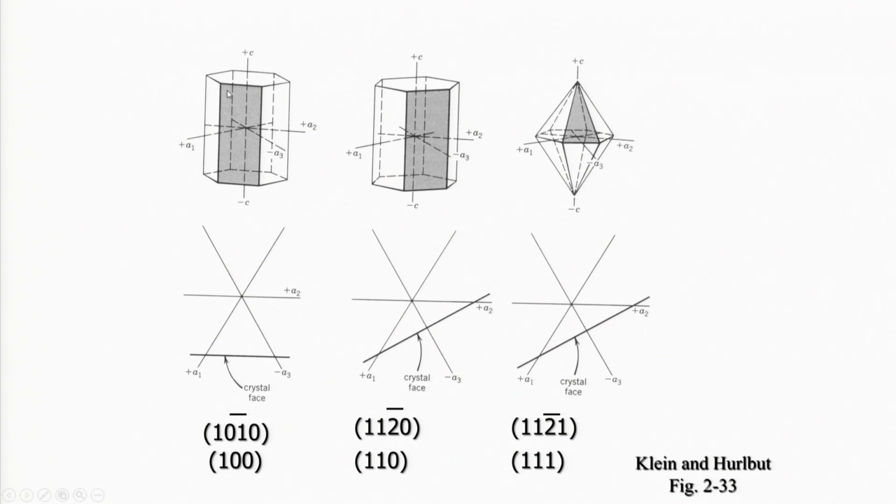So, let us consider this particular face here. If you see, this face has intersected the positive direction of A1, but it is parallel to the A2 direction, and it is also parallel to the vertical C crystallographic axis.